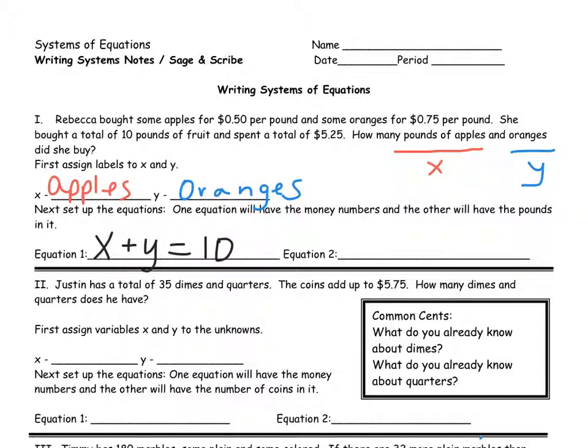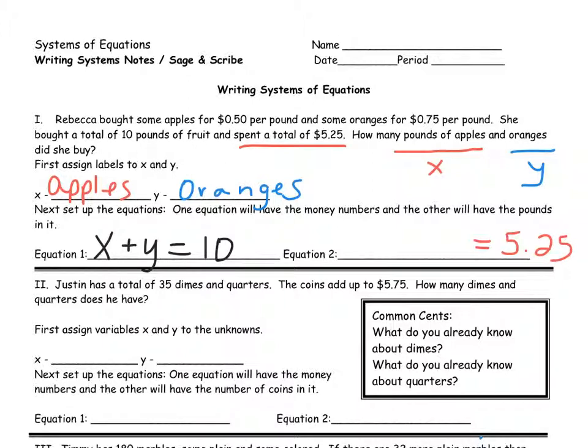Okay, now that we've got the pounds or the items out of the way, now we have to deal with money. And when we're dealing with money, we know that she spent a total of $5.25. So we know that this whole thing has to equal $5.25.